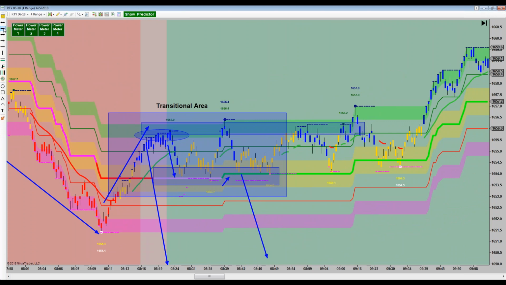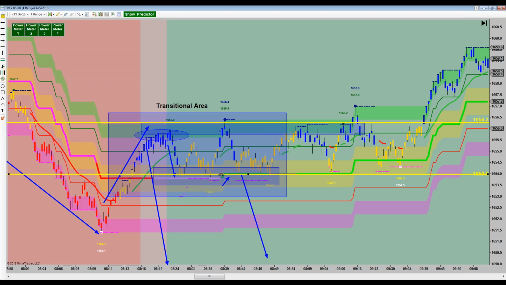Now, final question, and then we're going to leave this area for a fresh instrument. The area in question, the transitional area right here, I'm going to broadly define it as this right here. More or less this was it. Is this a range or is this a trend? 5 seconds, R or T. It's one or the other.